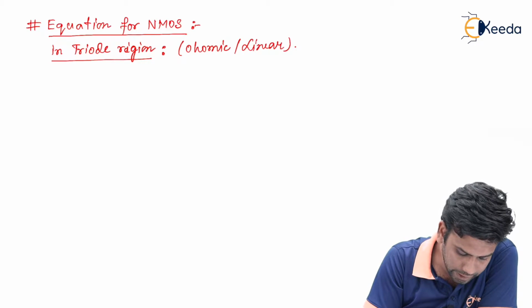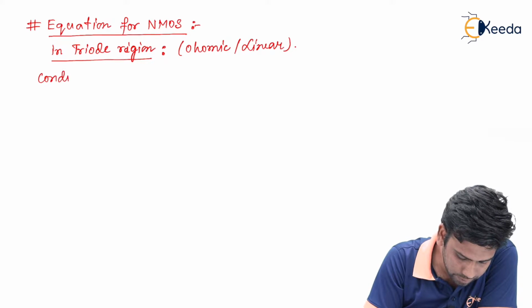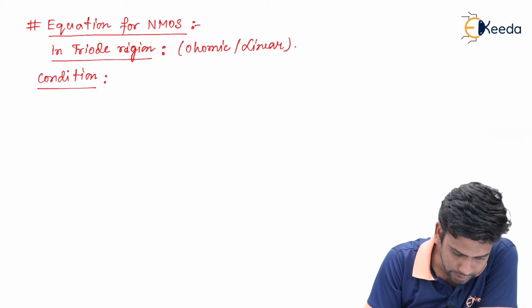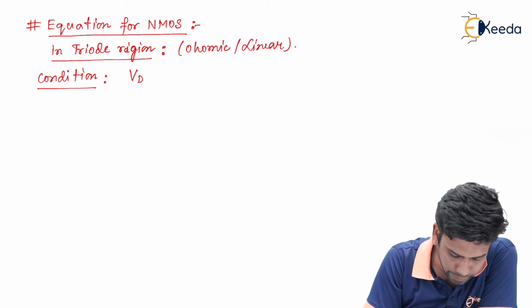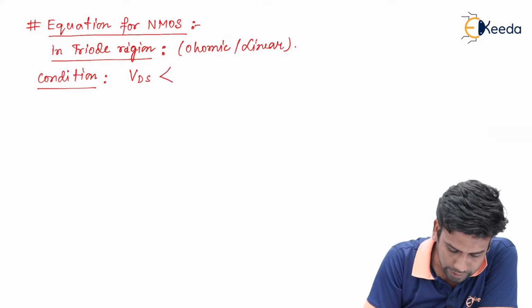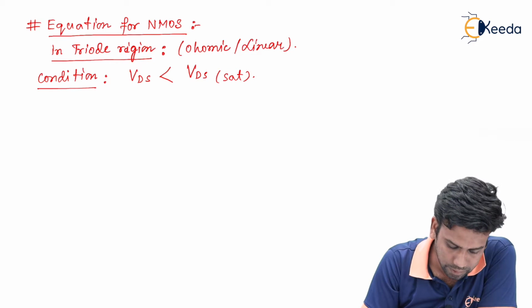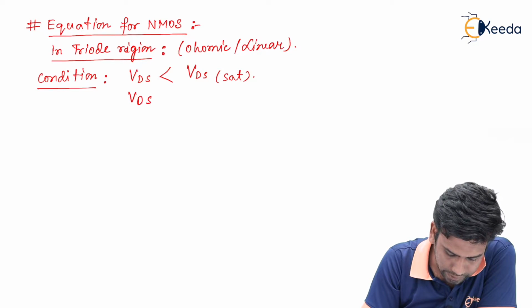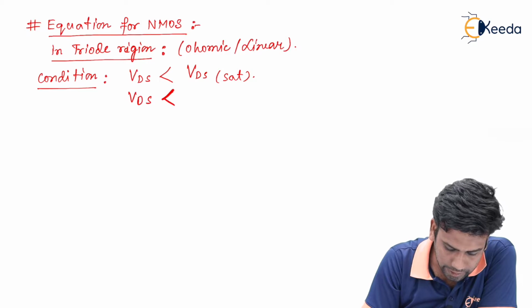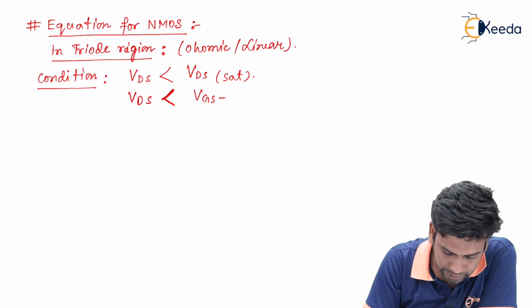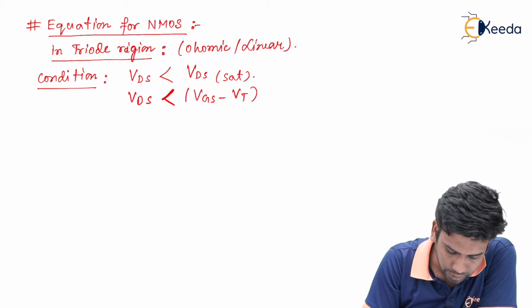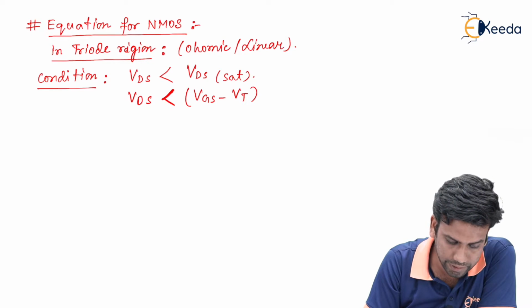In ohmic region the condition is given by that the drain to source voltage, that is VDS, should be smaller than VDS saturation. Means we can write that VDS is smaller than VGS minus VT. This VT is the threshold voltage.